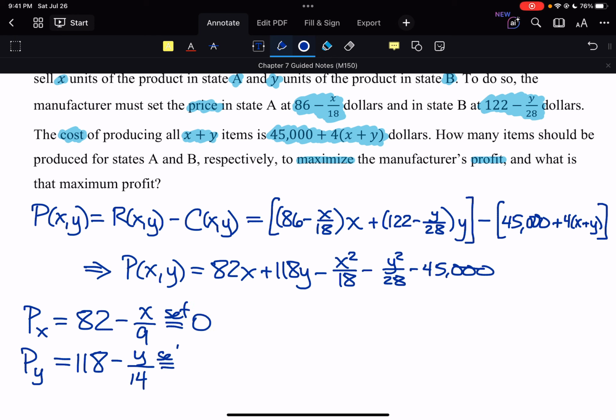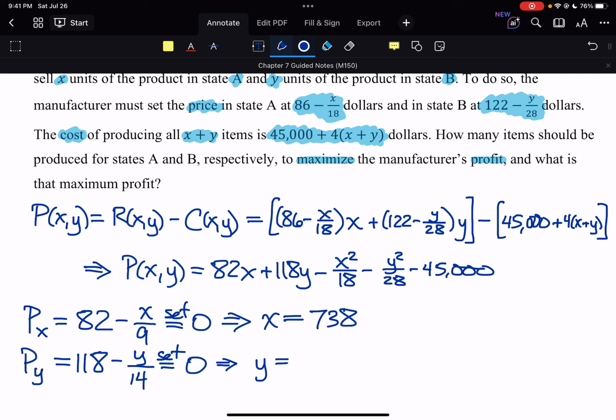We're going to set both of these equal to 0. Add this over, multiply by 9, we get 738 for x.